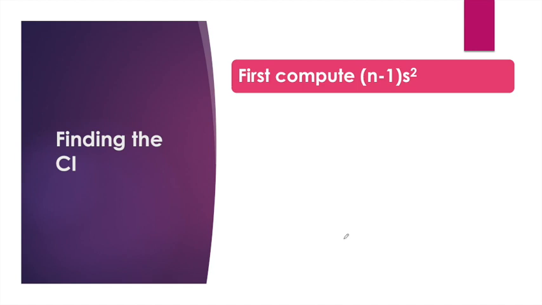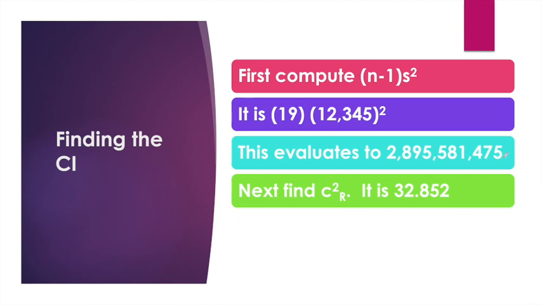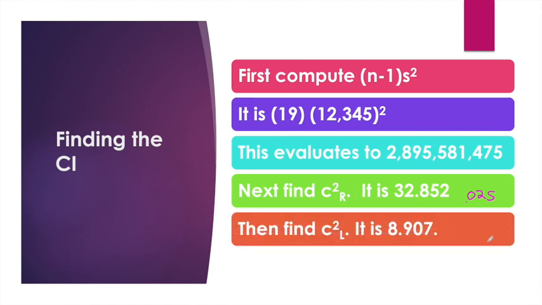So I go to my chi-squared table, and I find that for an area of 0.025, right? Because I want my right value, this is 32.852. And for the left, this would match up with degrees of freedom 19 and area 0.975. We have a chi-squared value of 8.907.